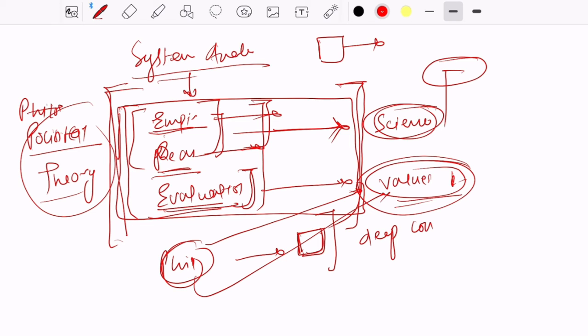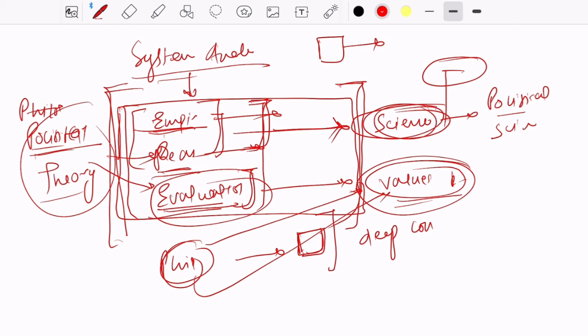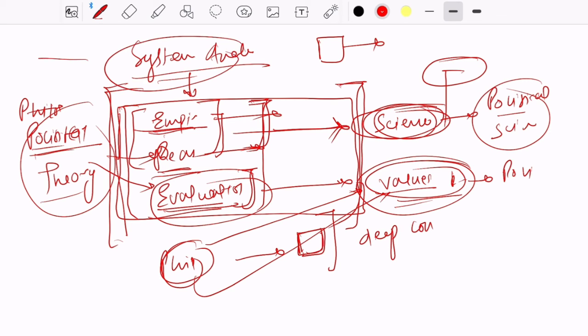Now this political empiricism, political rationality and political evaluation somehow constitute a science. So can't we say that this science is a sort of political science? And this evaluation, this value, is a sort of political philosophy because it is analysis of a political phenomena.